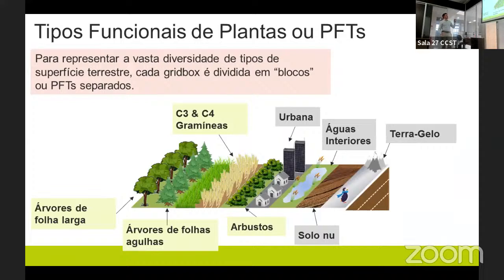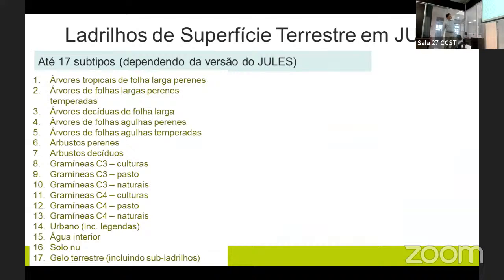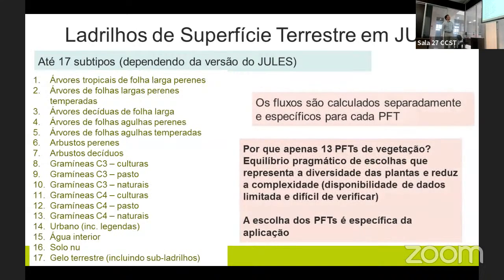So these are the tiles. I've already gone through them, but we've essentially got this long list of plant functional types and tiles. The first 13 are plant functional types, and then you've got urban, lakes, bare soil, and ice.